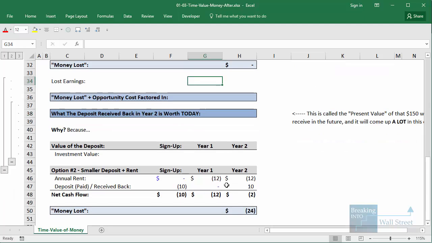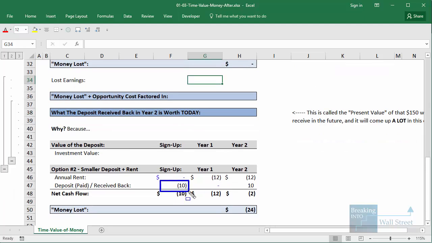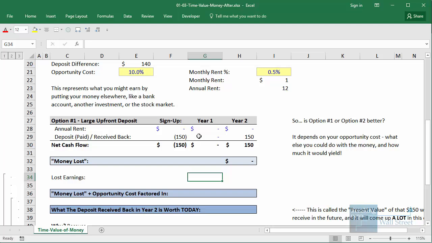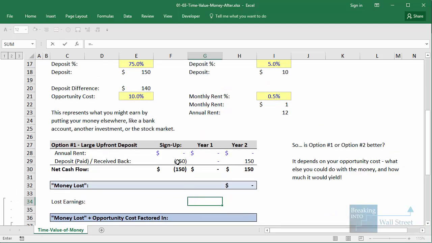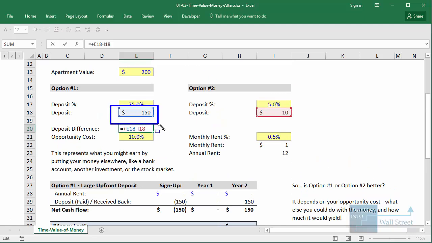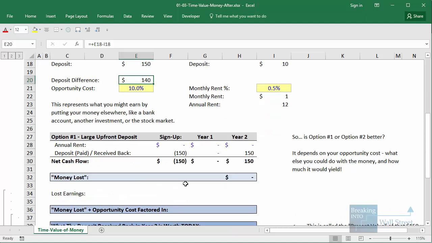Now, to be fair, we have to consider that we also have a deposit in option number 2. It's just a much smaller deposit, $10,000 rather than $150,000. Therefore, if we look at option number 1, the extra amount that we lose over option number 2 is not the $150,000, it's actually $140,000. We have to take our deposit in option number 1 and subtract what it is in option number 2, and that gives us the differential of $140,000 right here.